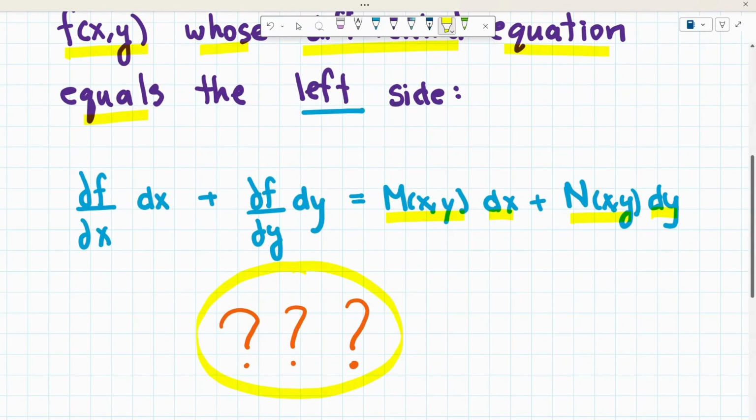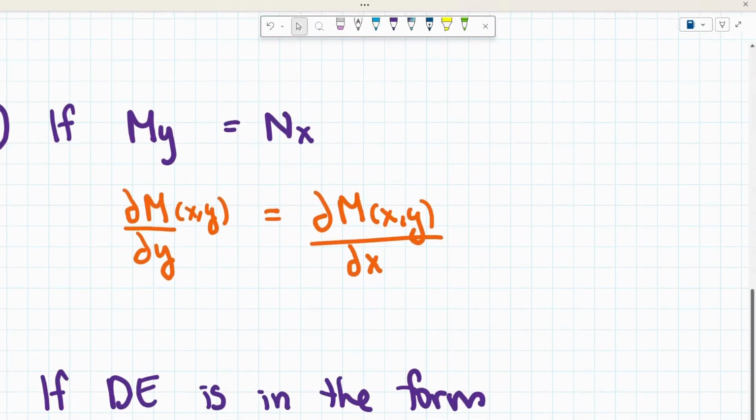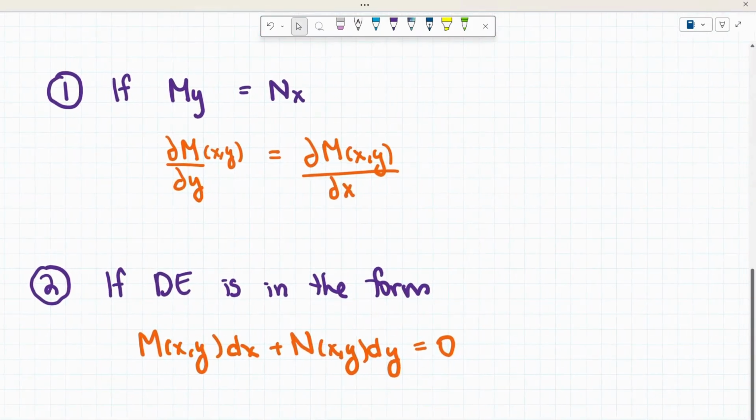So this is our formal definition, so this is good if you're going into pure math and you need some more theory about, okay, how can we actually define these? But I'm going to show you a very quick and easy definition right now. So there's two things we need, basically, to classify an exact equation.